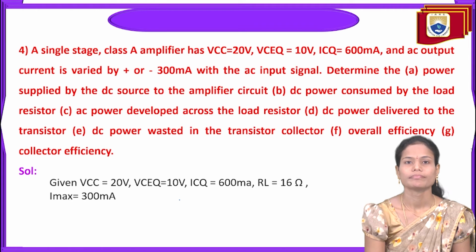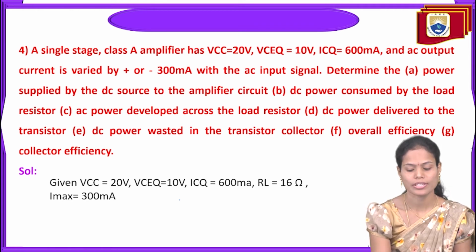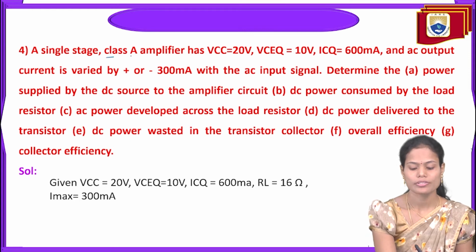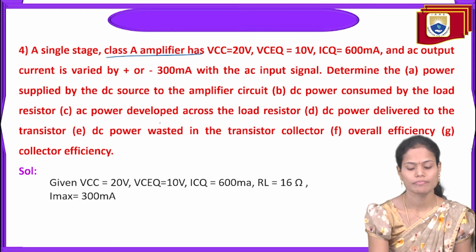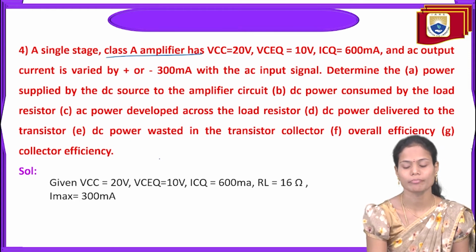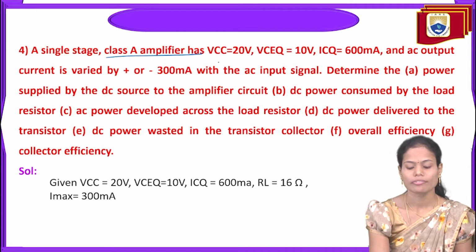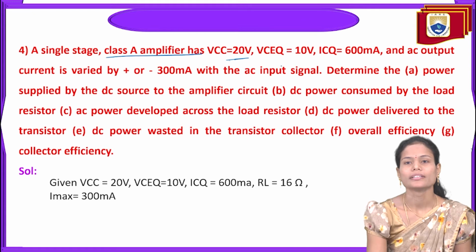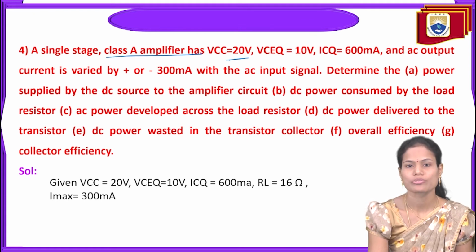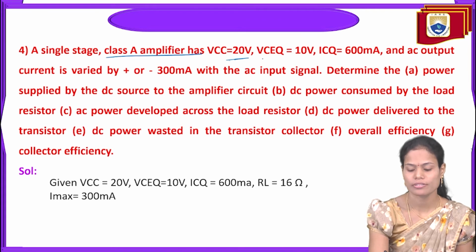And now, coming to the next problem, it is a single stage class A amplifier. Till now we discussed the class B power amplifiers, and now it is the class A power amplifier. The given supply voltage is 20 volts, and the quiescent operating point values of the amplifier are VCEQ is 10 volts and ICQ is 600 milliamps.